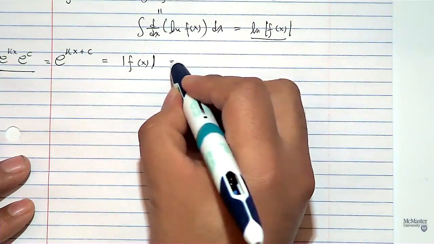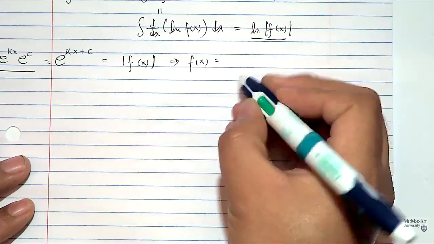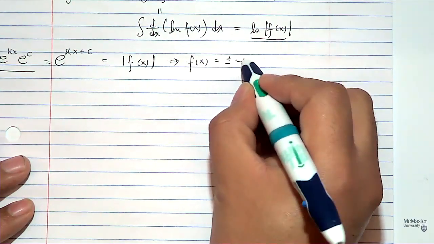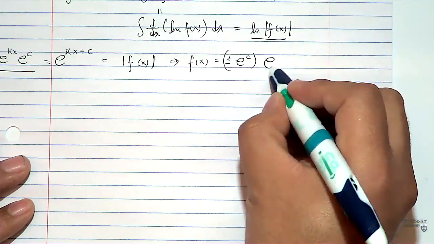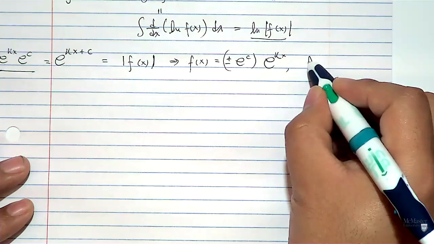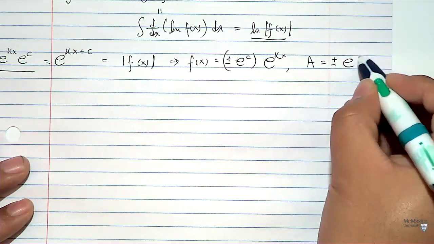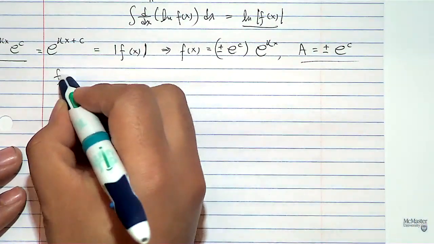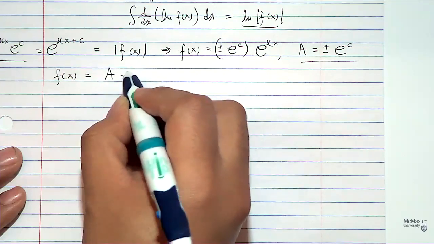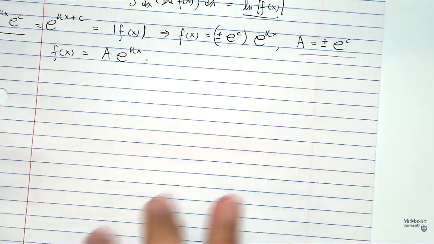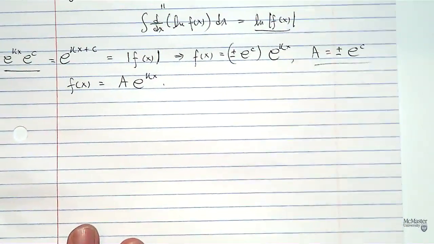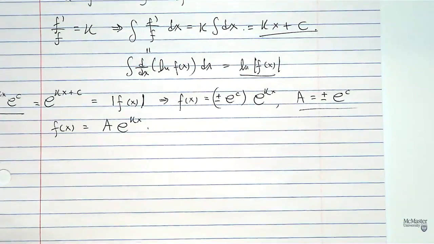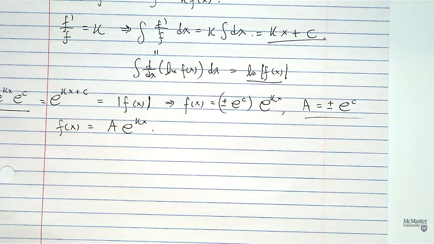So when I take f of x, this is equal to plus or minus e to the c times e to the kx. And if I define a constant a, which is plus or minus e to the c, now this constant can be positive or negative. I have that the actual solution is equal to a times e to the kx. Sorry, I didn't realize that it wasn't focusing. But this is the formal way that you would solve the DFQ for this simple problem.